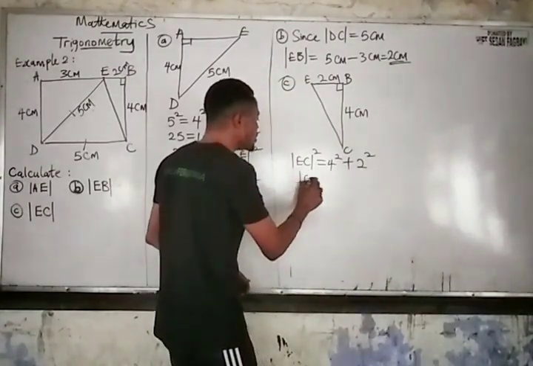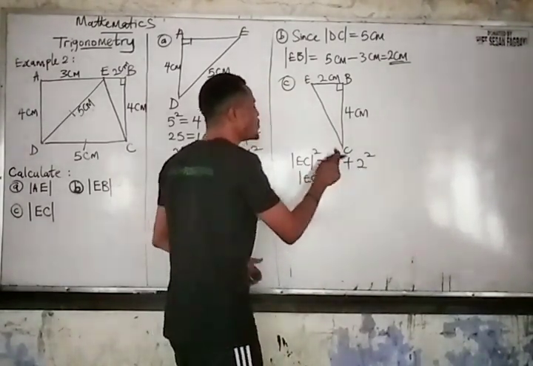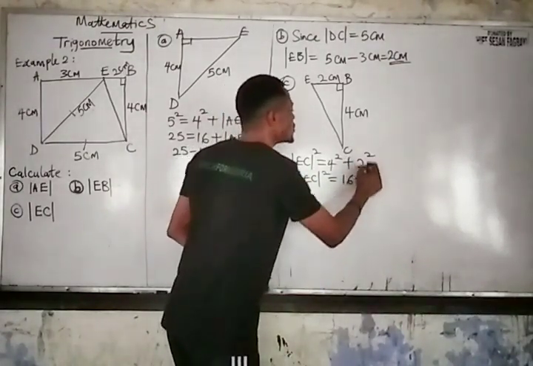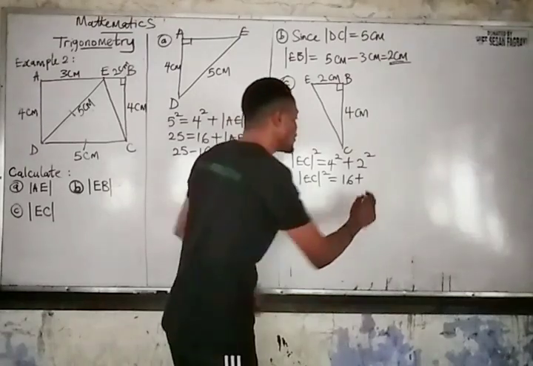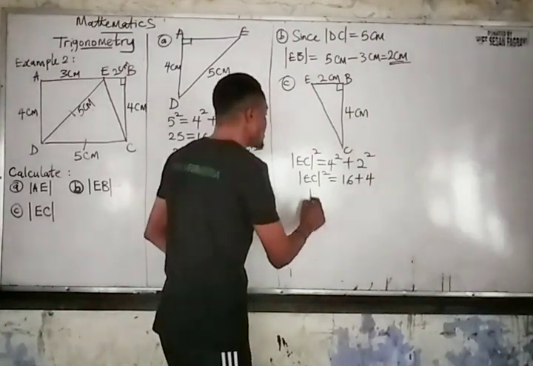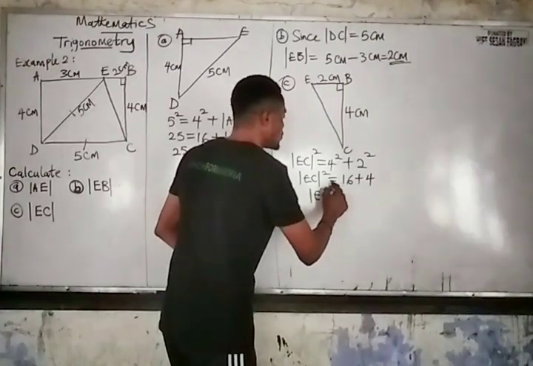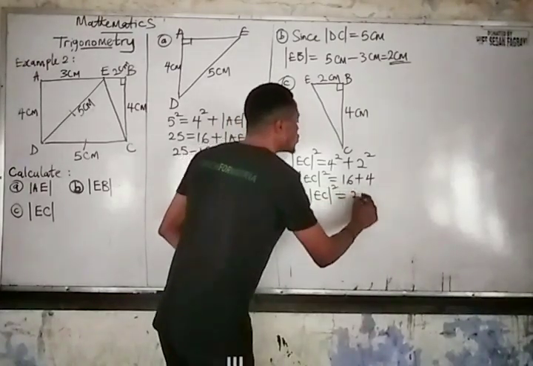So 4 raised to power 2 will give us 16, then plus 2 raised to power 2, we have 4. Then EC raised to power 2 is equal to 20.